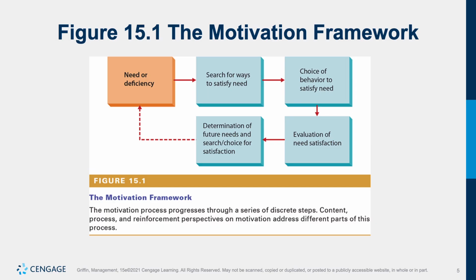So you find out that the process perspectives actually cater for the third and the fourth stages in this process of the motivation framework, right? And you now have the reinforcement perspective. So these perspectives on motivation differ from the historical perspectives on motivation.